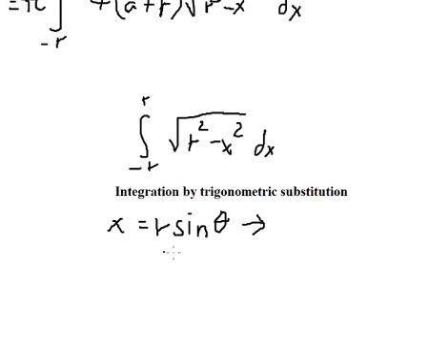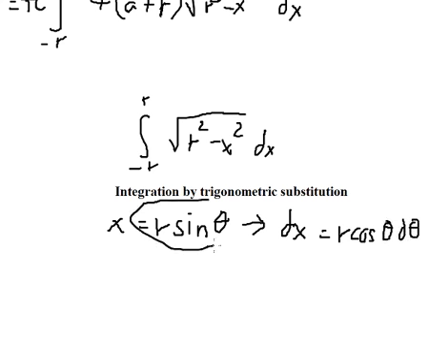If we take the first derivative of both sides, we have dx equals R cosine theta d theta. Because if I put this in here, we will have R squared sine squared theta, and with R squared we can do factorization. 1 minus sine squared theta we change to cosine squared theta, and later we simplify the square root.